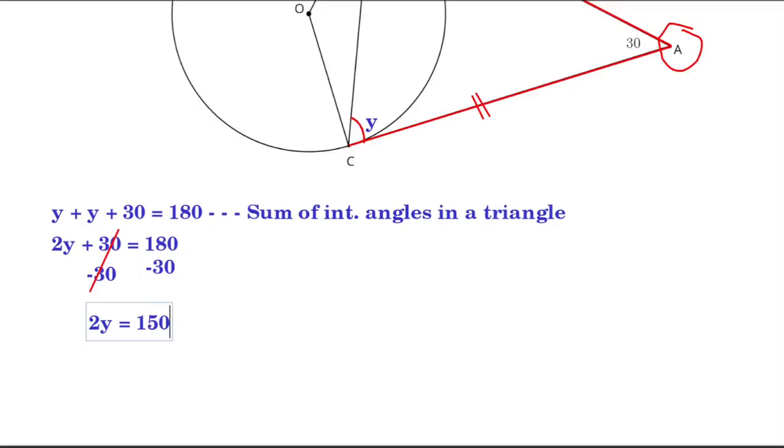And then dividing both sides by 2, let's do the division here. This is over 2, over 2. Then your y is equal to 150 over 2, it's 75 degrees.